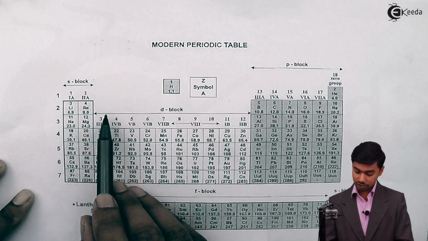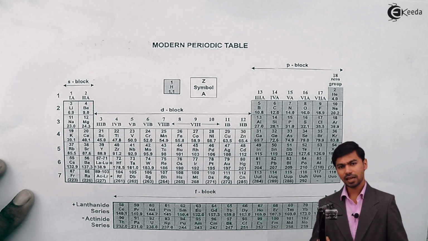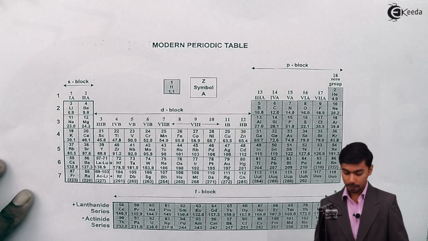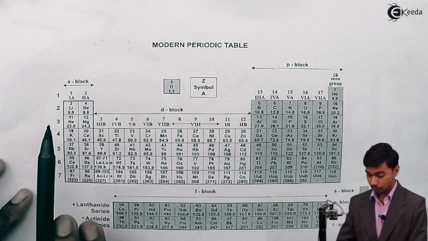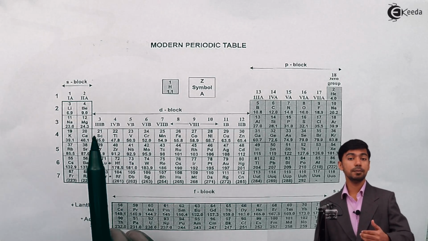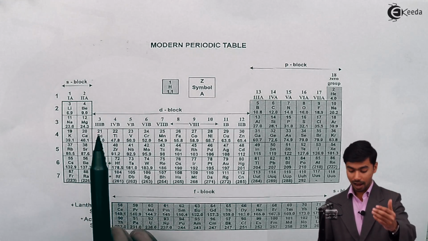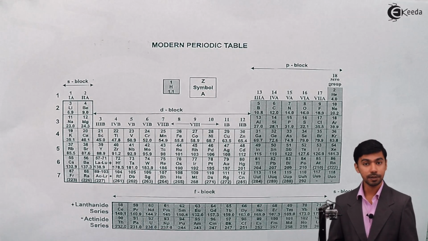Like that, each and every group has similar properties. But whenever we move horizontally from first to second to third to fourth, the properties keep on changing. And after finishing this table, the properties are going to repeat.